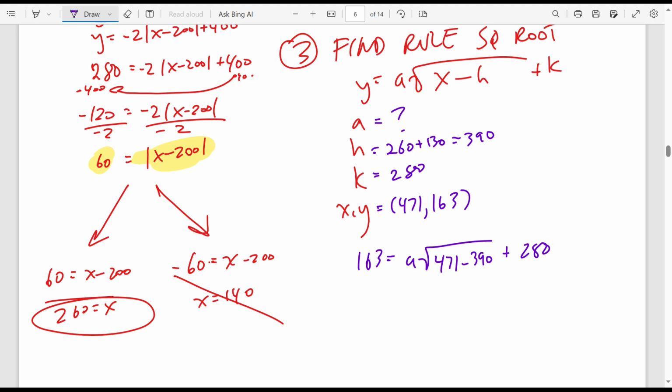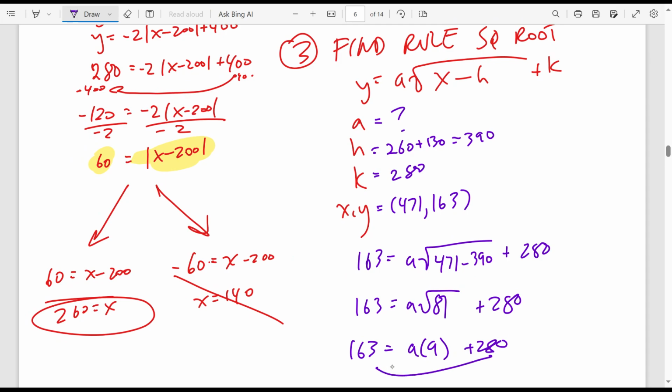So that leaves me with 163 equals a times the square root of 81. Usually that number is going to be pretty when it comes to these. If not, it just makes it a little more frustrating. Because now this is a lot easier: 163 is equal to a times 9 plus 280.